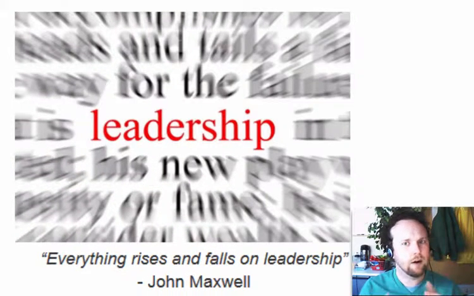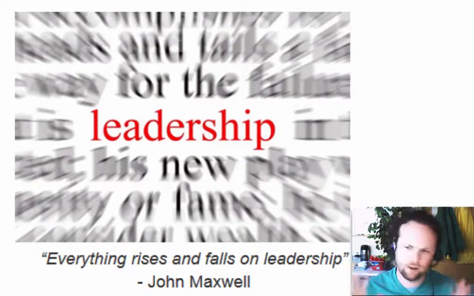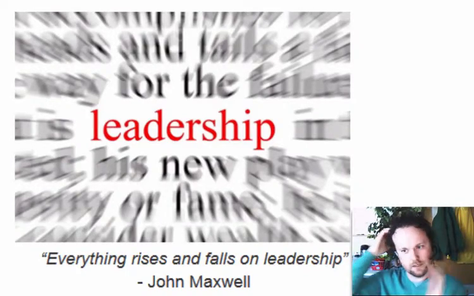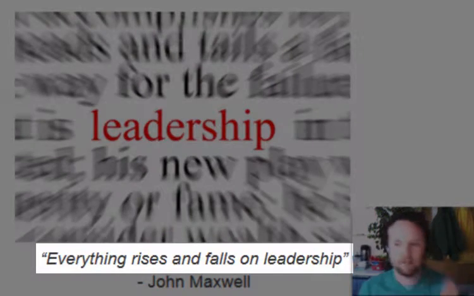So if the South was outmanned, outgunned, and out everything else, not a word, but you get my point, how were they able to maintain such a long war? Well, like this quote says, everything rises and falls on leadership.